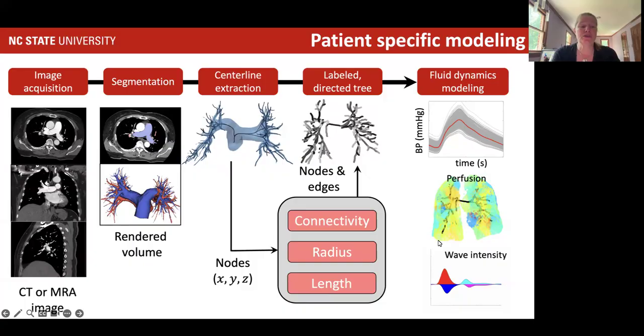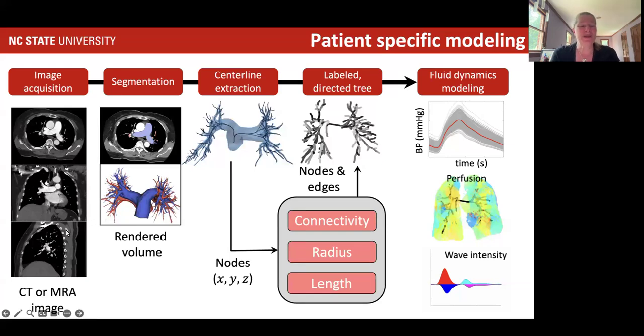So if we start with the CT scans or MRI scans, which are often referred to as magnetic resonance angiograms because it's a still image, to differentiate them from the 4D MRI, you get images that look like that. Using image segmentation, and that's really an art in itself.